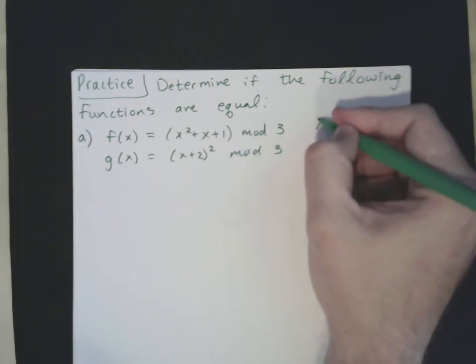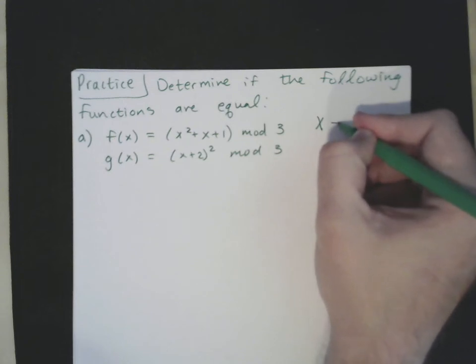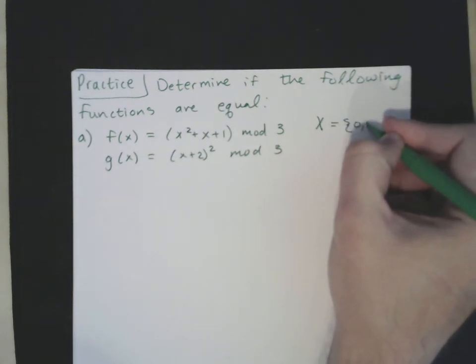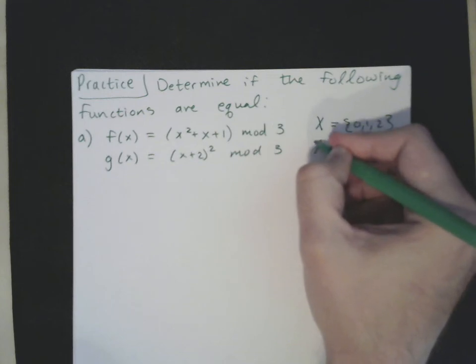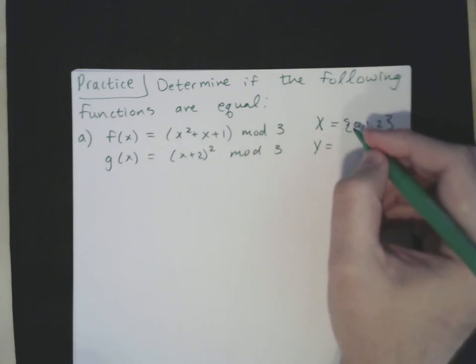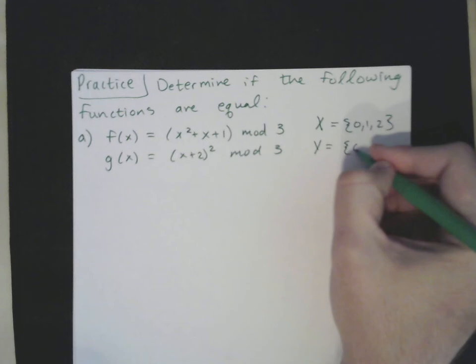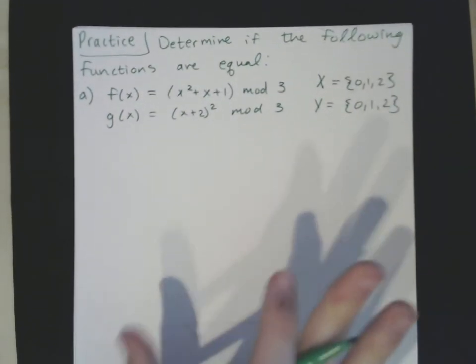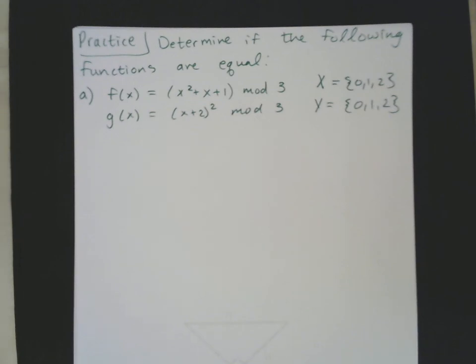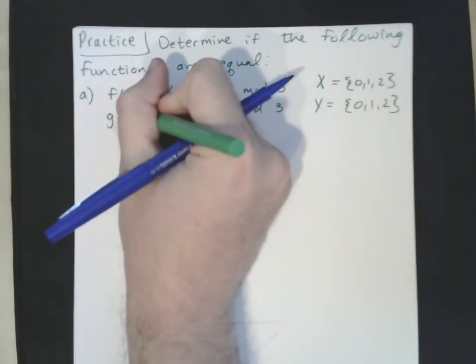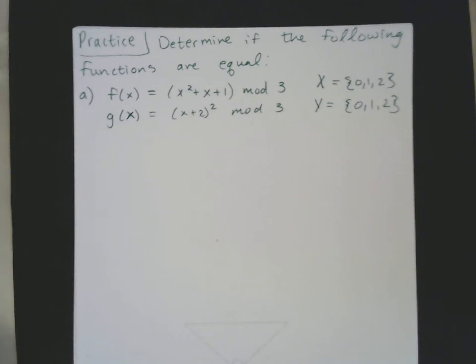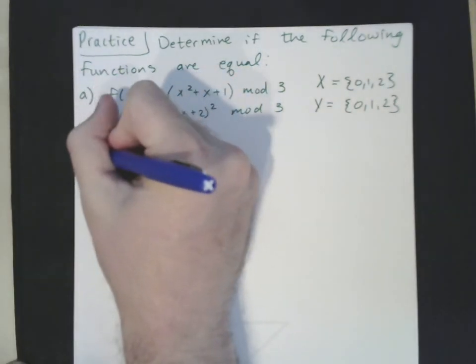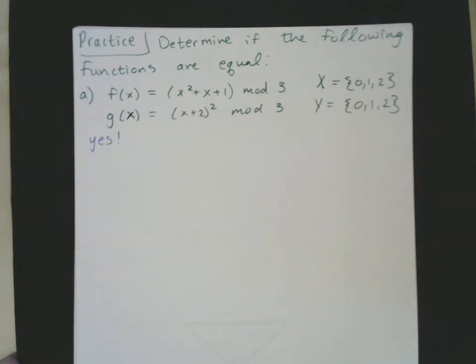And our x sets are going to equal 0, 1, and 2. And our y sets are once again going to be 0, 1, and 2. So pause this, try it out, see if you can figure out if these are equal or not. I am going to walk through whether they're equal or not. And the answer here is yes, they are equal.